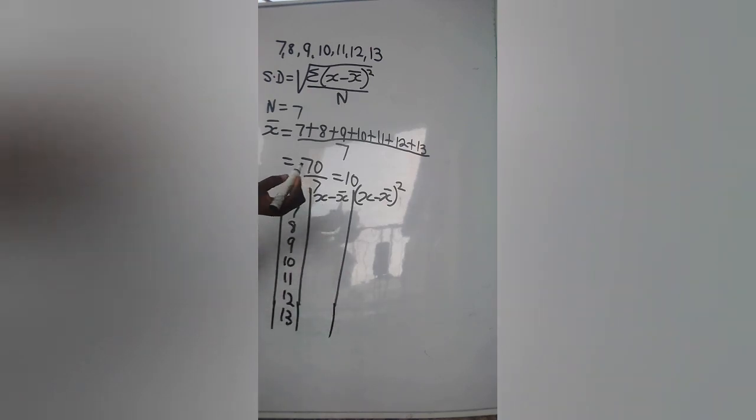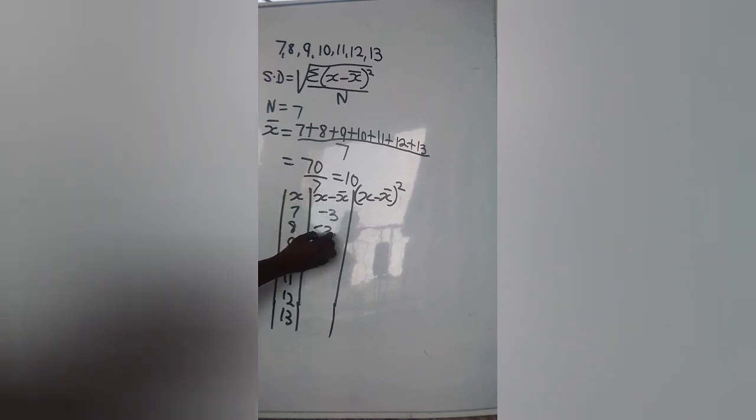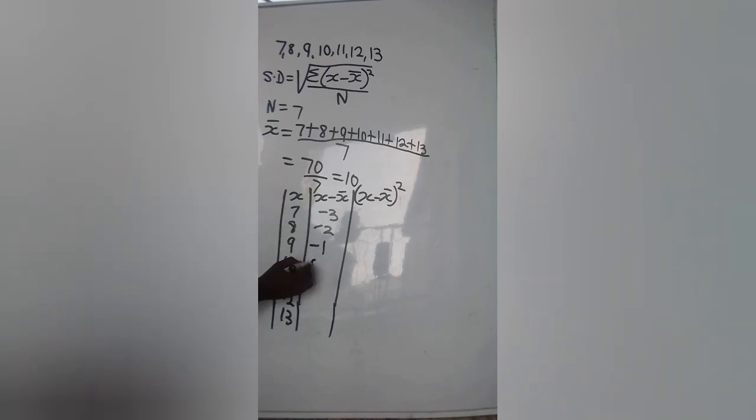Since our mean is 10, 7 minus 10 is minus 3. 8 minus 10, minus 2. 9 minus 10, minus 1. 10 minus 10, 0. 11 minus 10, 1. 12 minus 10, 2. 13 minus 10, 3.